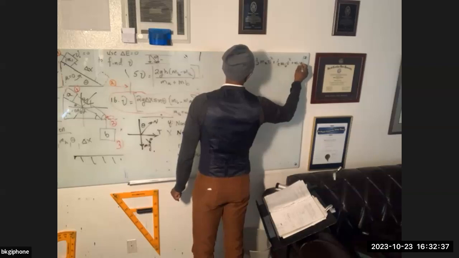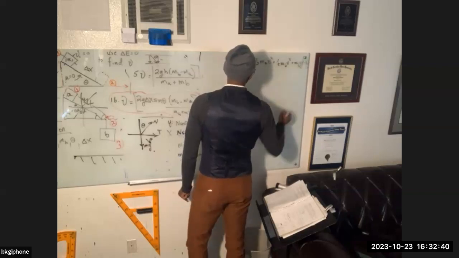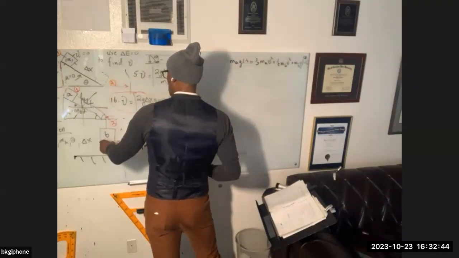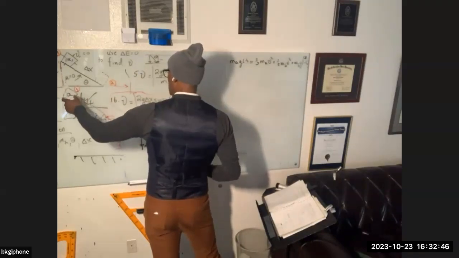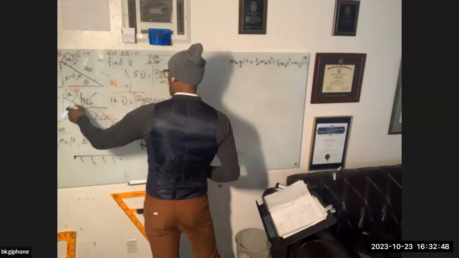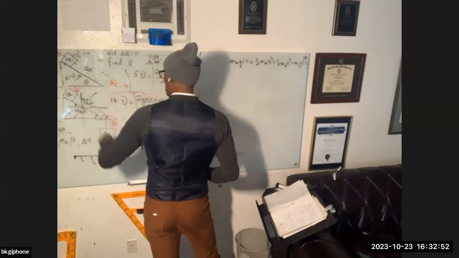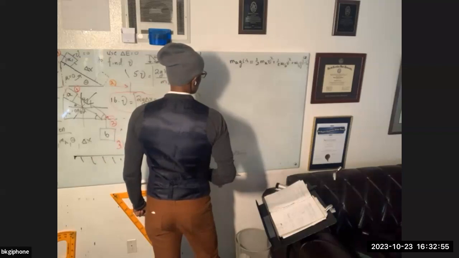Negative h. Just because it loses, this is final minus h minus 0, and this is 0 minus h. But this is the potential.